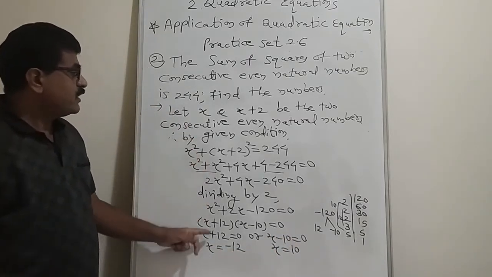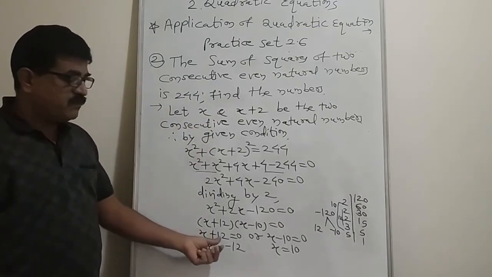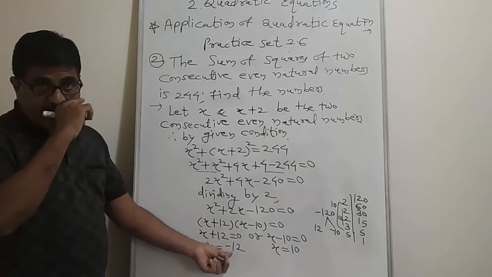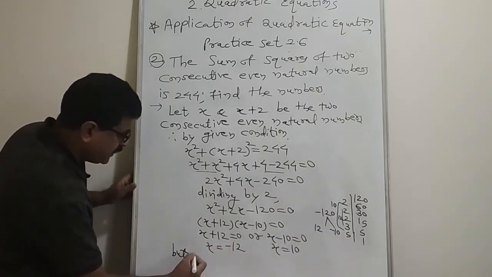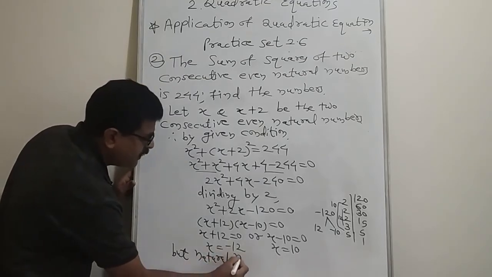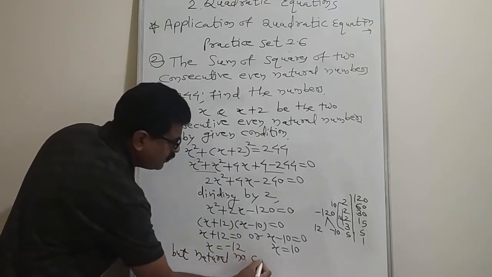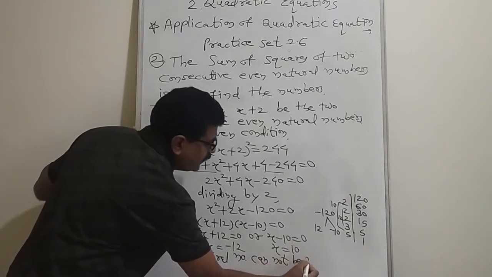Here we consider x is a natural number, but a natural number cannot be negative.